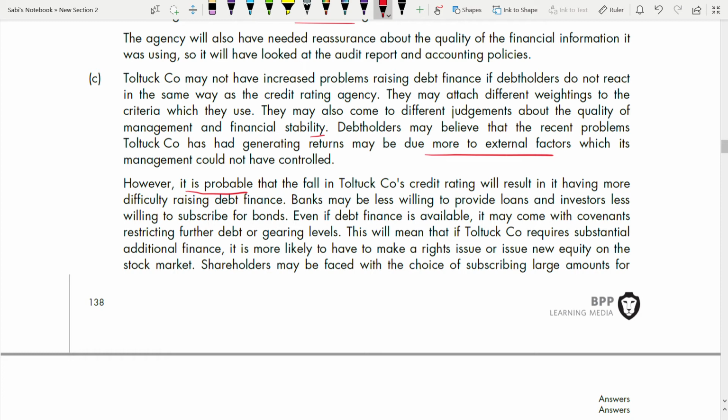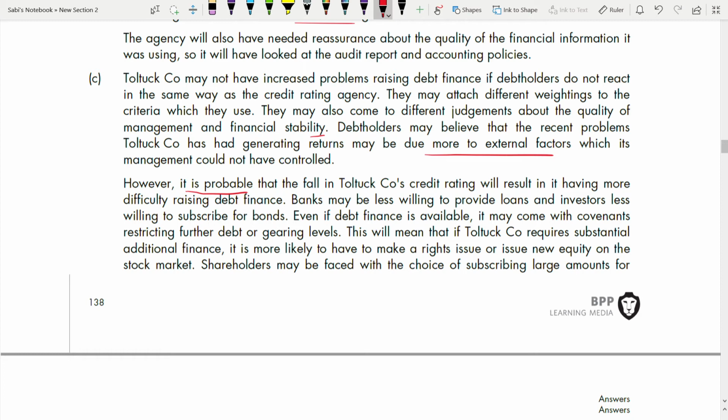You have to bring both the sides, because it is for 7 marks. 7 marks are just not given like that. You have to tell both the sides. That's why, look at the wordings of the question. It is probable. They didn't say it will be, or it has to have, or it must be. They are not asserting it. They're just saying it is probable.